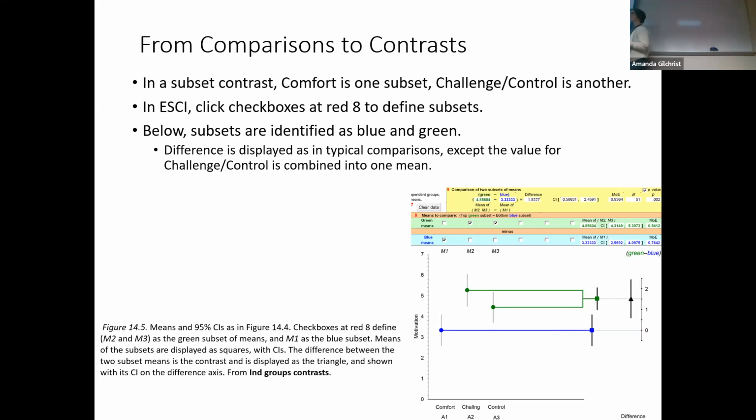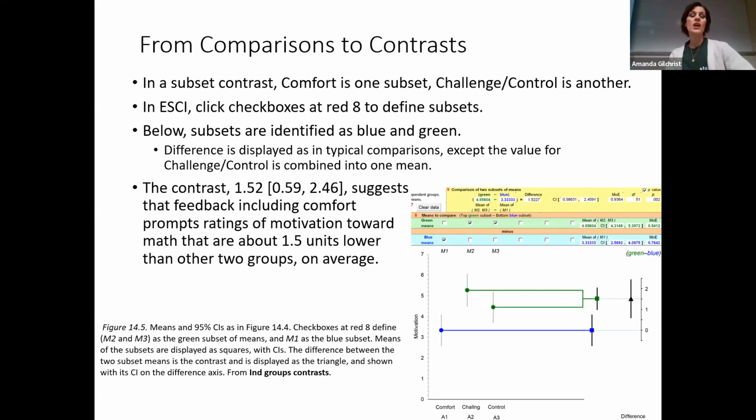The confidence interval on the difference shows that not providing reassurance, so either just providing positive encouragement or challenging students, produces around a 1.5 increase in motivation. So the contrast is about 1.5, and it ranges from a low of 0.59 to 2.546. This suggests that feedback that includes comfort actually leads to math motivation that is about 1.5 units lower than the other two conditions.